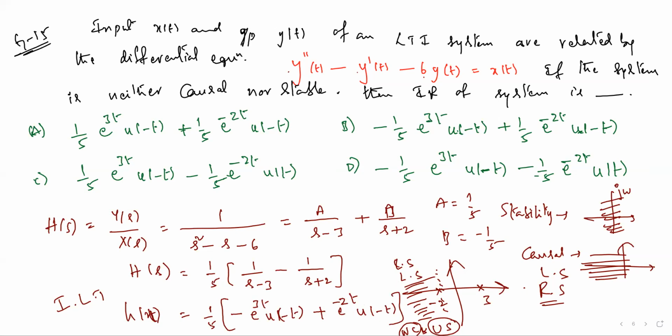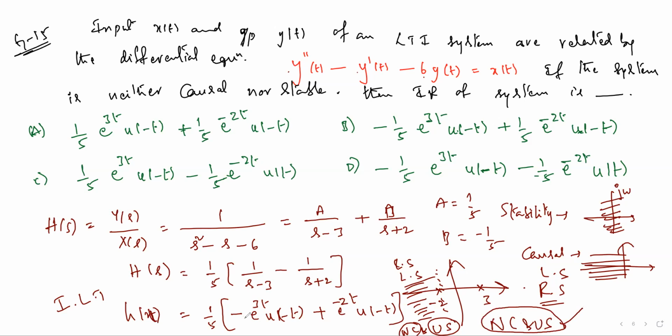So these two conditions, non-causal and unstable, are satisfied simultaneously, which means both should be left-sided.